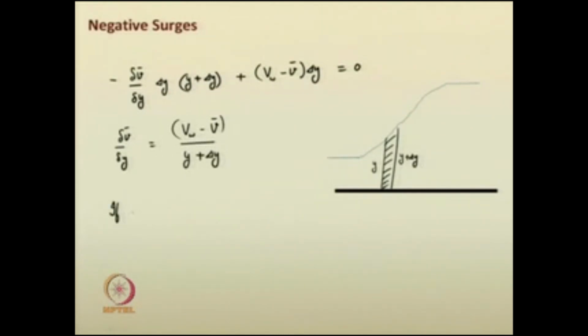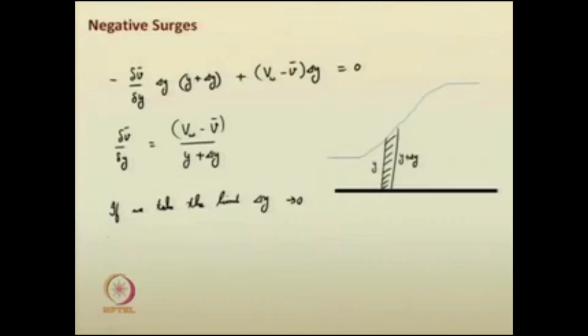So, if we take the limit delta y tends to 0, then this becomes a more standard form. If you take the elemental strip with delta y tends to 0, the change in velocity due to change in depth, delta V bar by delta y, tends to the differential dV by dy.